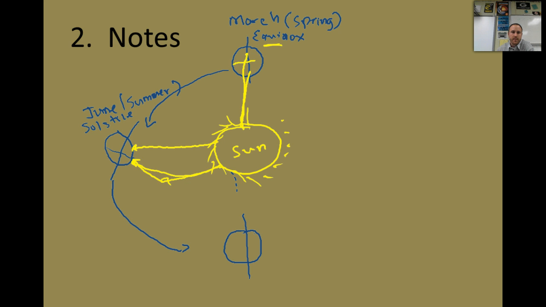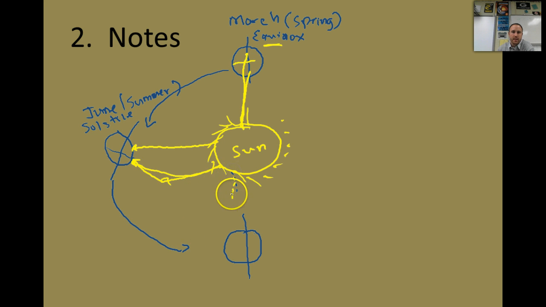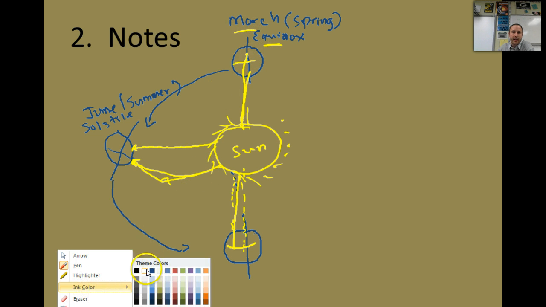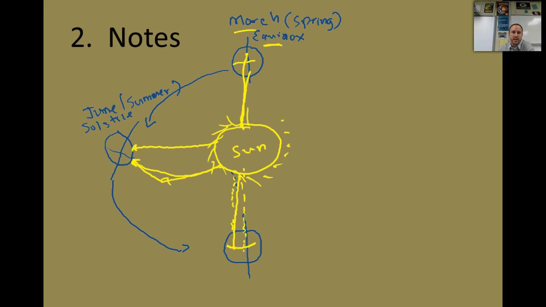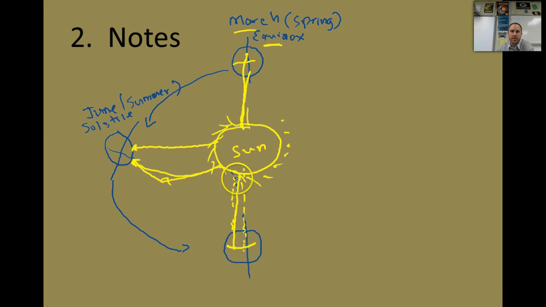It is traveling a little bit more directly at the northern and also again at the southern hemisphere, but the equator is getting the most direct sunlight. So again, it's almost identical to the month of March, with the exception that now we are moving into a different time period, which is going to be the month of September.